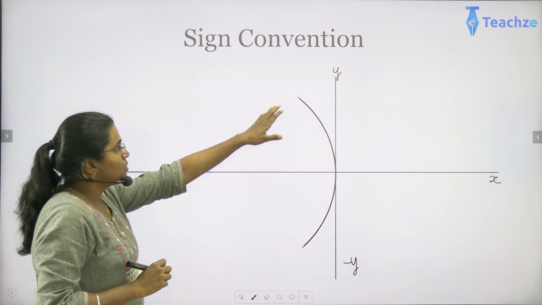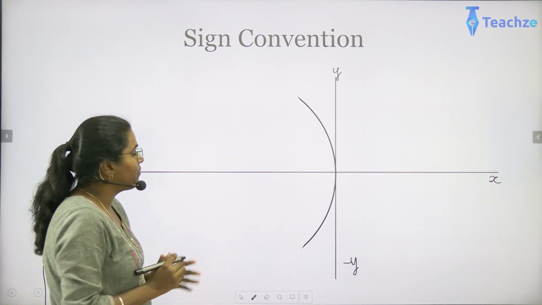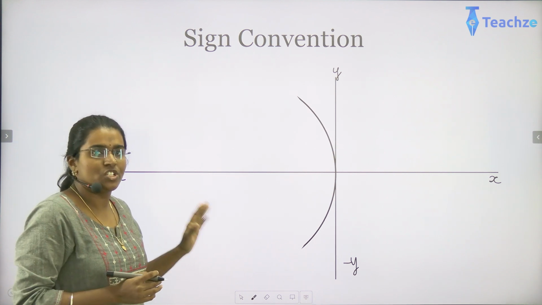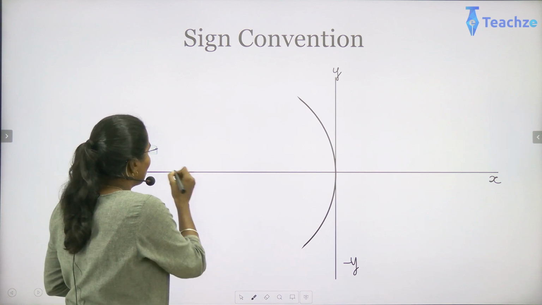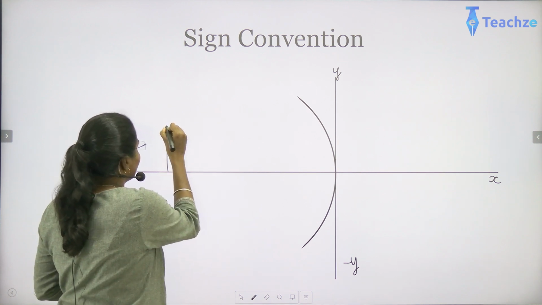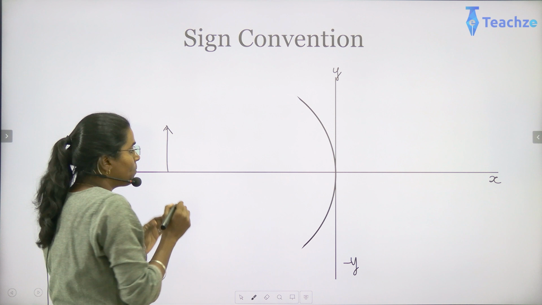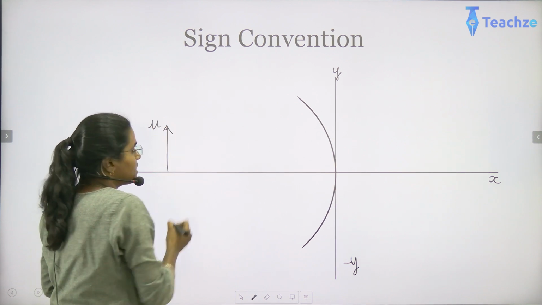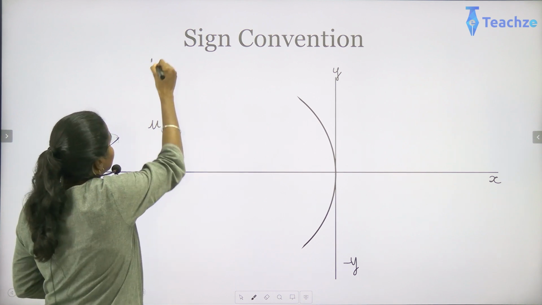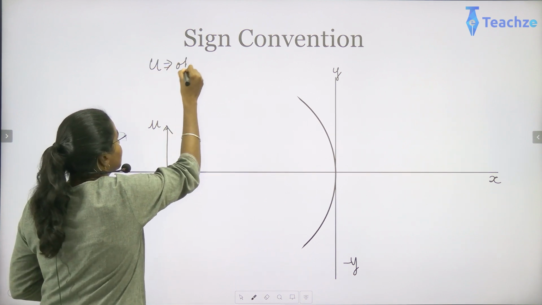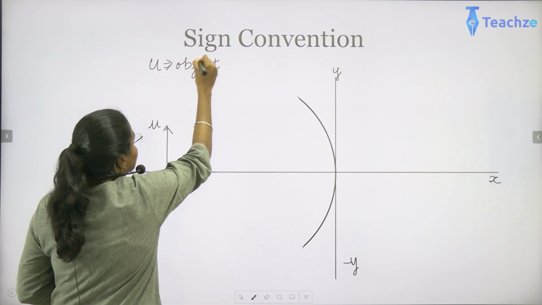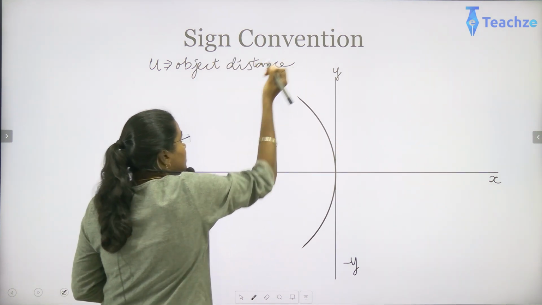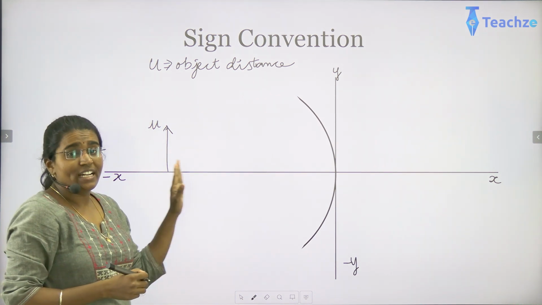Okay, so I have taken a concave mirror for my reference now. So we'll start with the object distance, which will be represented as u. Object distance is u. So we'll keep the object always in front of the mirror.